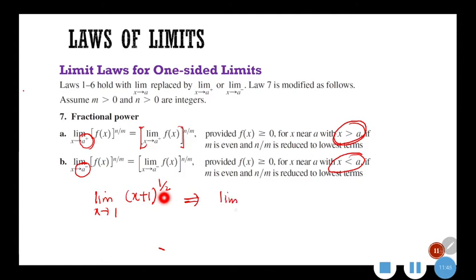It becomes the limit as x approaching 1 of x plus 1, everything to the power of 1 over 2. Let's say the question says the limit as x approaches 1 from the left, then limit 1 from the left. Find the limit of the function first, get the value. If it exists, then for the result you put the power of half, right?